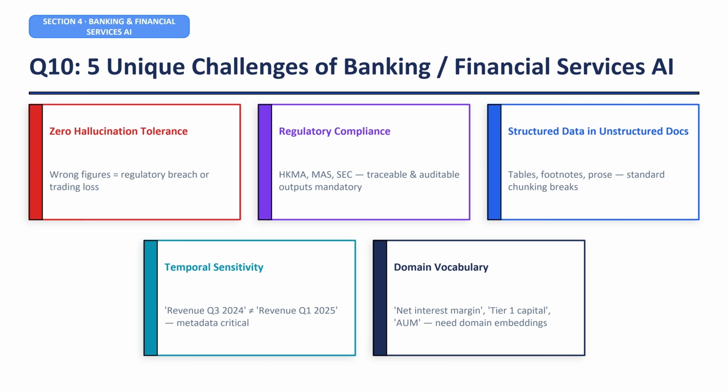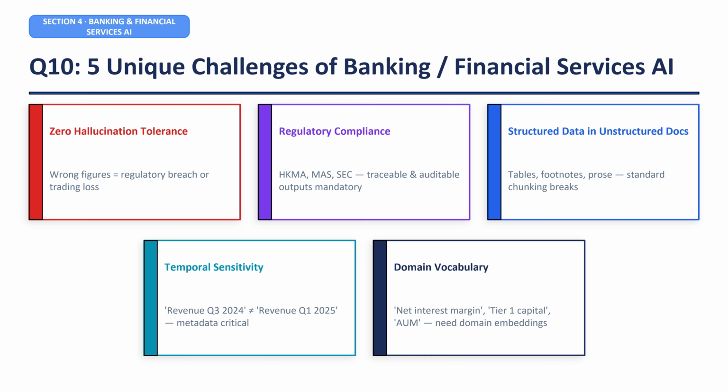One: zero hallucination tolerance. In general AI, a hallucinated answer might be mildly wrong. In banking, a wrong figure can cause a regulatory breach or a direct financial loss. The bar is completely different.